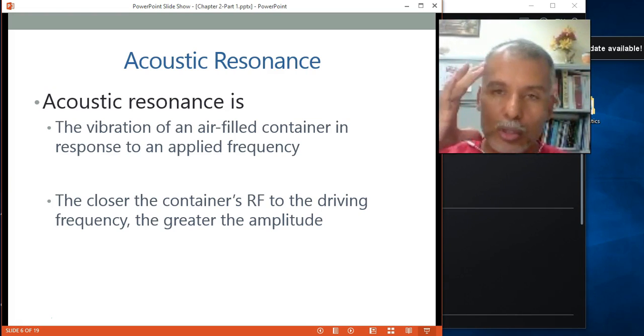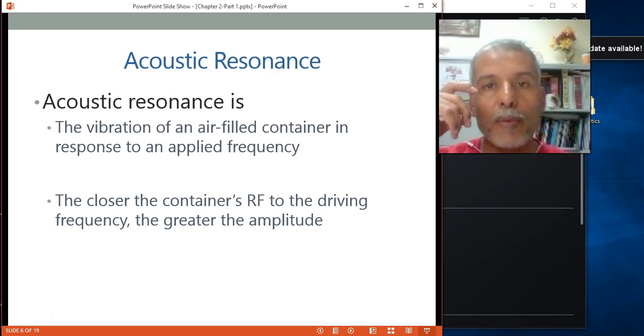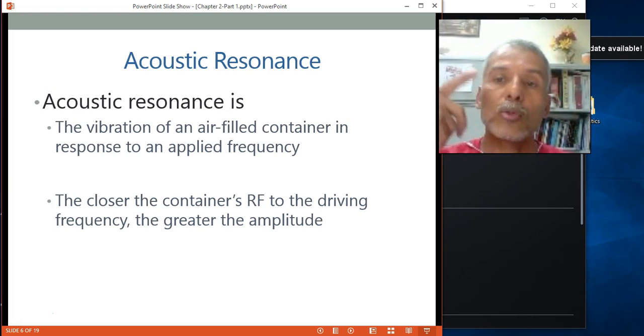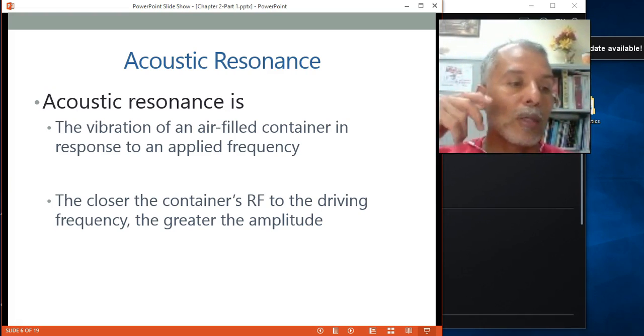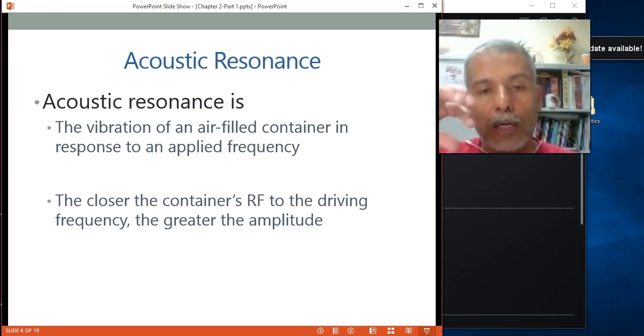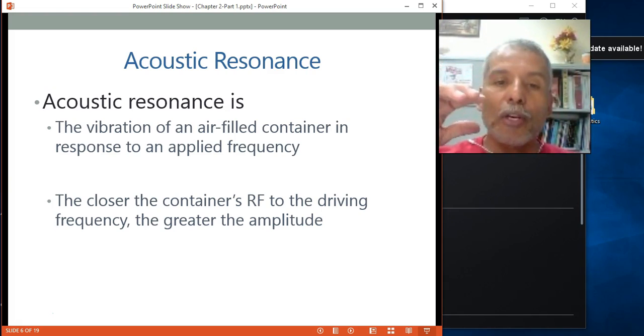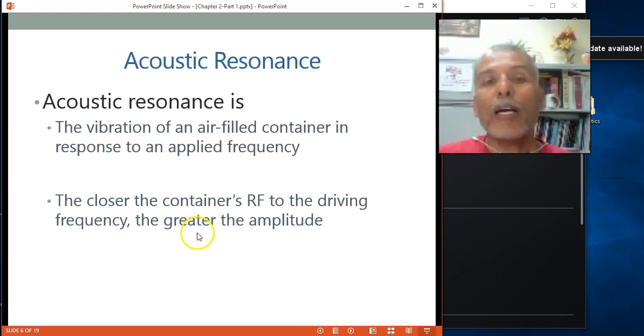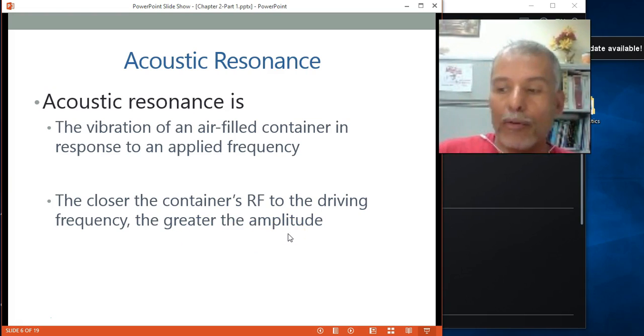That's going to cause the air inside of my throat to vibrate. That air is going to be called resonance. So the closer the container's resonant frequency, RF, is to the driving frequency, the greater the amplitude of the resulting resonance.